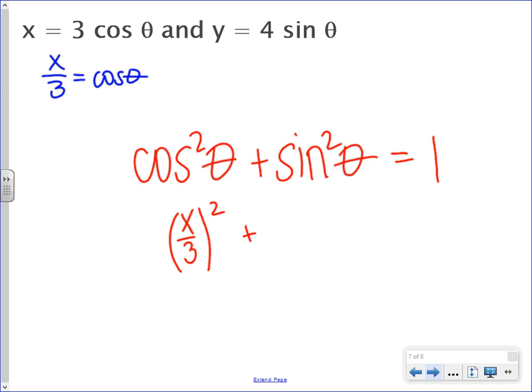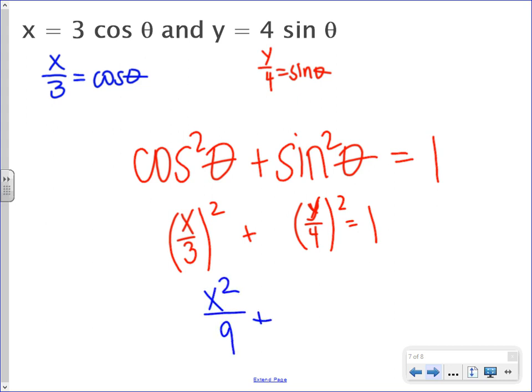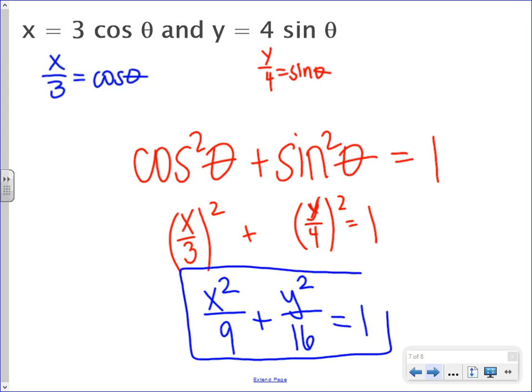The sine of theta is y over 4. What do we have, guys? Circle-ish. Oh, we have an ellipse.